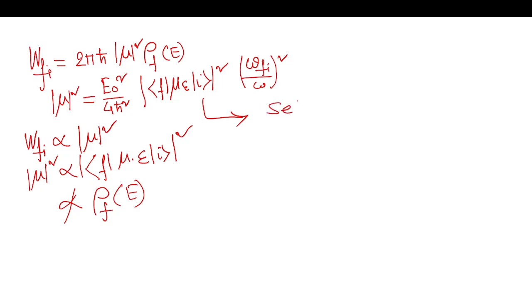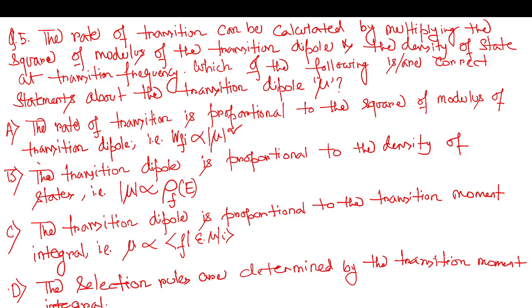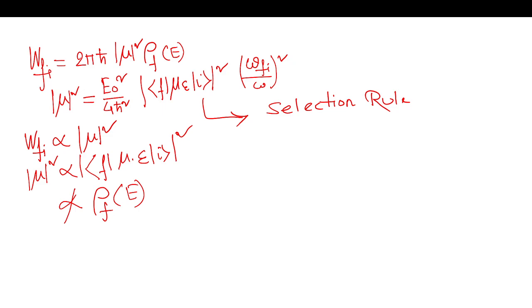This is actually the selection rule, which will say whether the transition is possible or not. So based on that, we can tell option number A is the correct one. Option number B is wrong. Option number C is correct, and option number D is also okay.